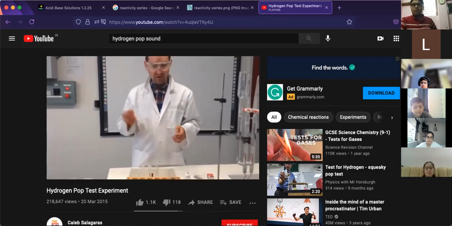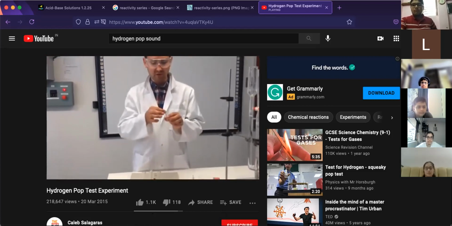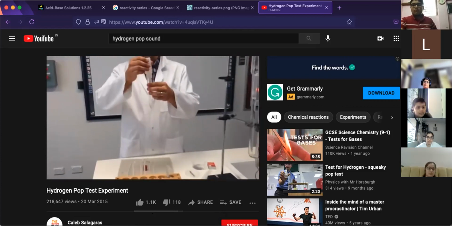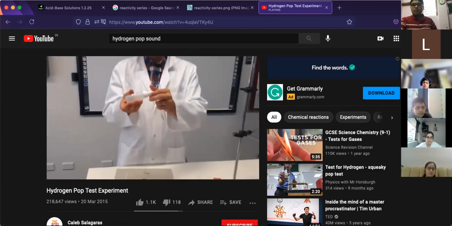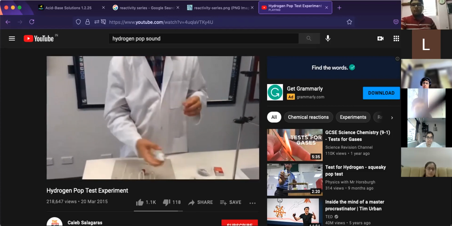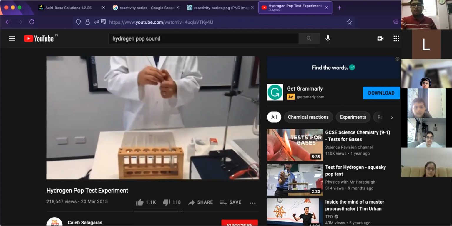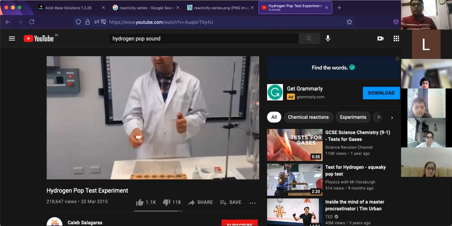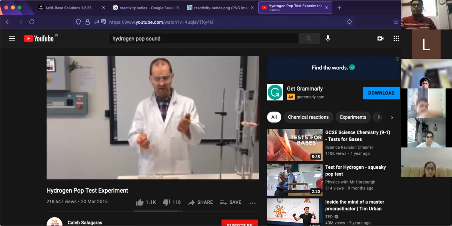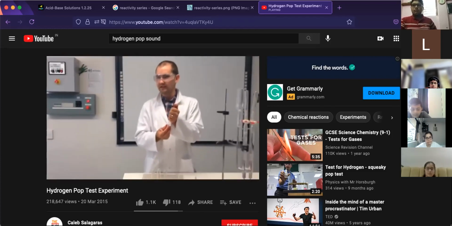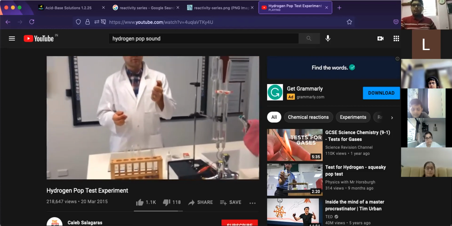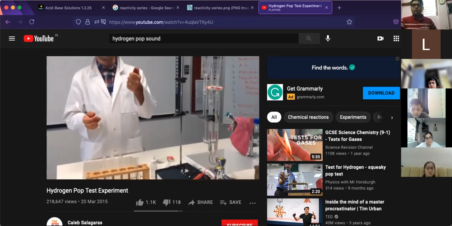What you need to do for this one is just place a magnesium strip in your test tube. Squirt in some hydrochloric acid, just enough to cover it. Probably undo the lid first. Enough to cover it, and then you place the stopper on top. While you're doing that, get someone in your group to light a match. I've got one pre-lit, and then you just have to wait for the fun to begin. It's going to be a little warm, so feel it. You're going to start to feel some pressure at the top with the popper.